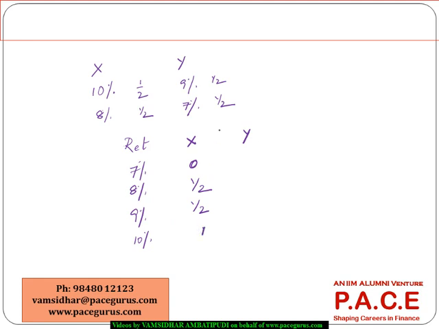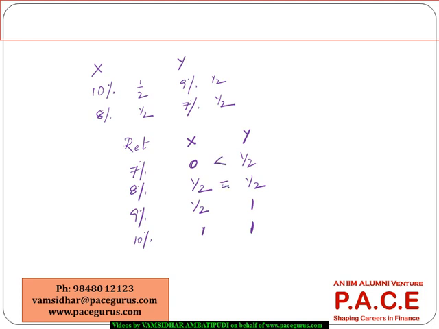This is 1. What about y? Less than or equal to 7%? Half. 8%, half. 9%, 1. 10%, 1.